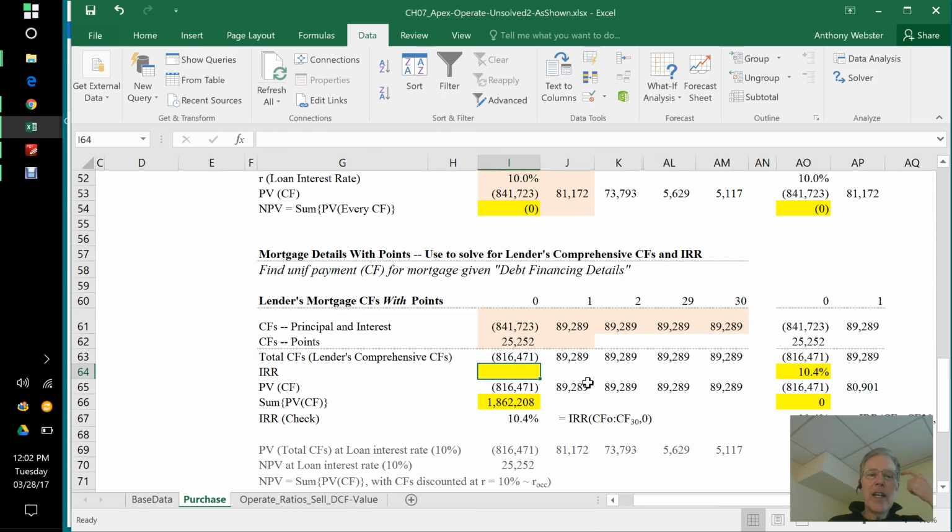To get the IRR for these guys, you could use the IRR formula, but you all know how dangerous that is now. So I'm going to use goal seek.